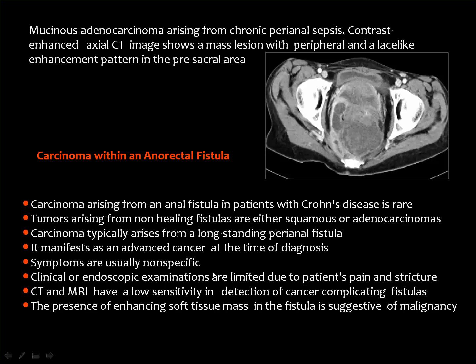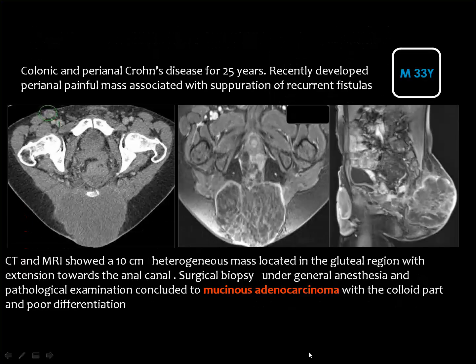And at the time of diagnosis, the tumor is at an advanced stage. The symptoms are non-specific, but the only finding on imaging is that you can see a mass or an enhancing tumor tissue in the region of the anal canal, and this will suggest the possibility of malignancy.